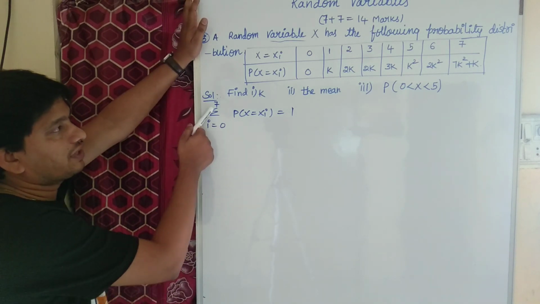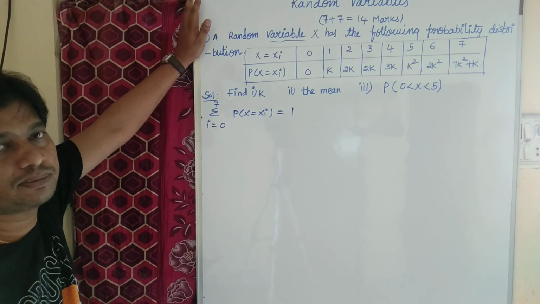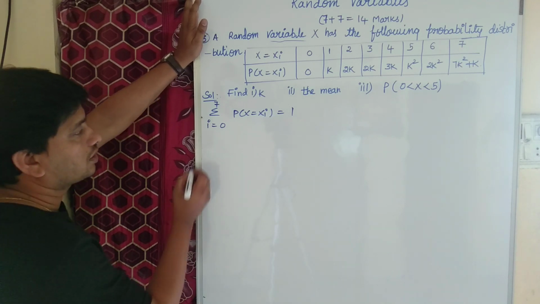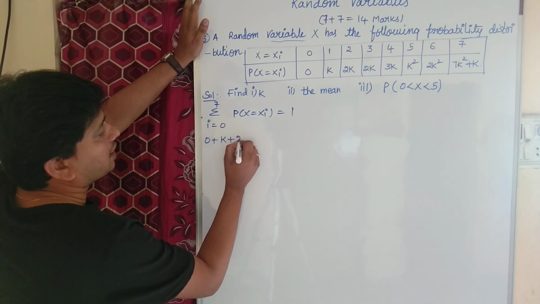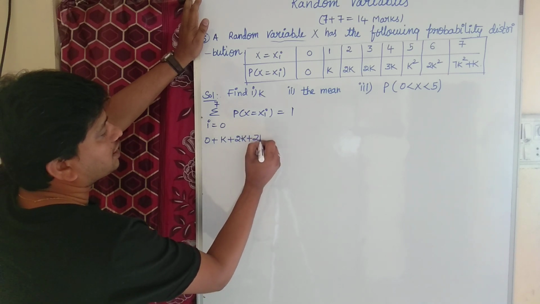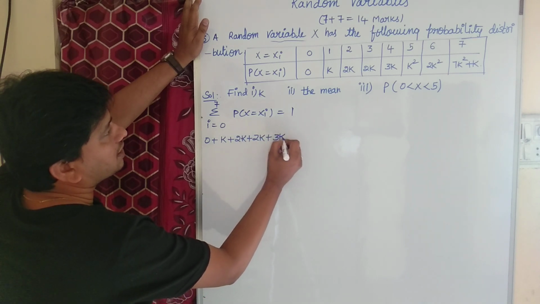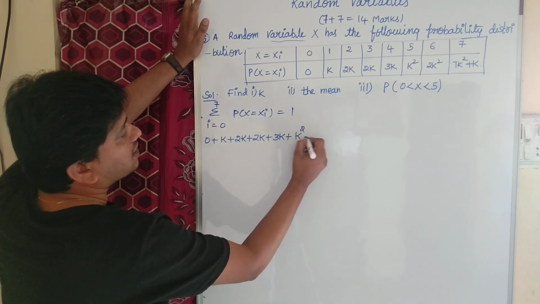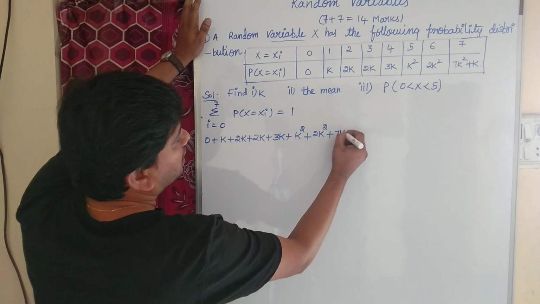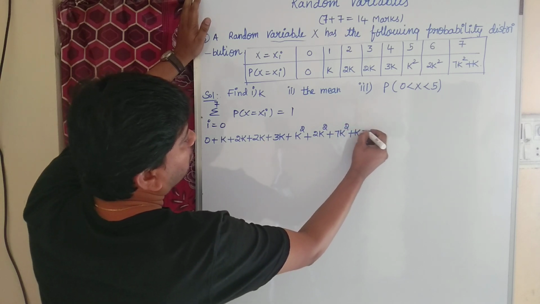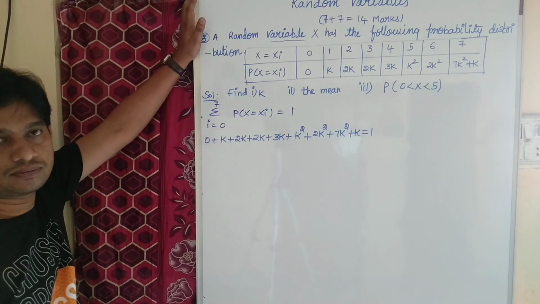From 0 to 7, the sum of the probabilities must be equal to 1. So that is 0 plus k plus 2k plus 2k plus 3k plus k square plus 2k square plus 7k square plus k must be equal to 1.